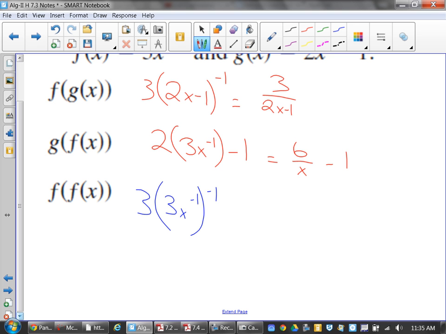So you wind up with 3 times 3 to the negative 1 times x to the first power. And then 3 to the negative 1 is 1/3. What's 1/3 times 3? 1.